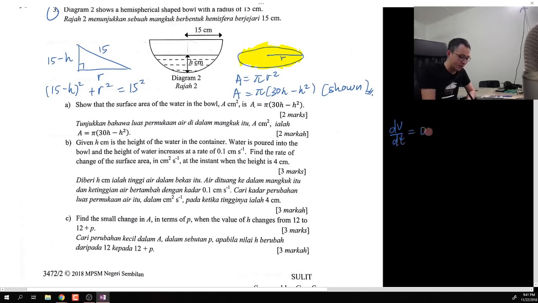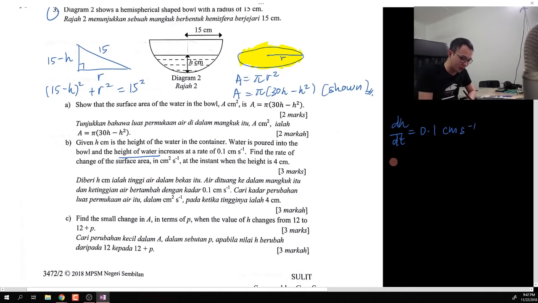Since it's increasing, I will put positive, which is 0.1. Sorry, it's not the volume increase, it's the height increase: 0.1 cm per second, because it's the height of the water. So dh dt is 0.1.